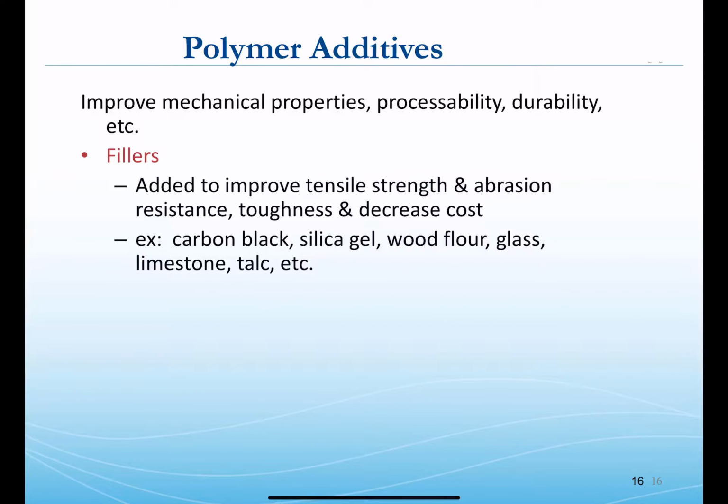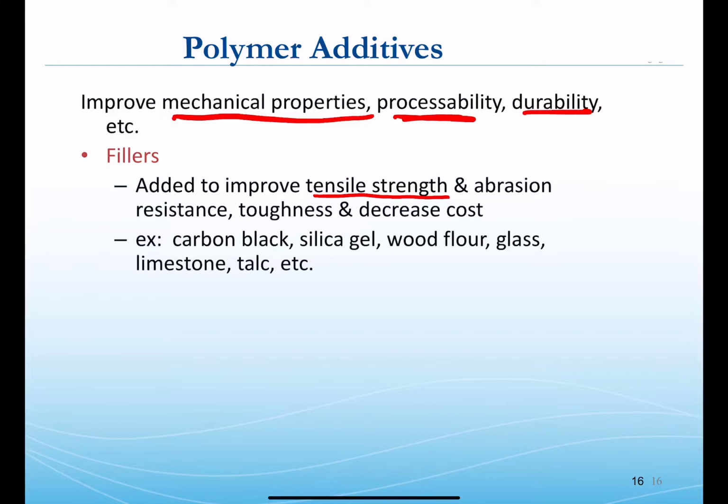Okay, what other additives can be used with polymers? So we might add materials to improve mechanical properties, processing, or durability. For example, fillers can be added. So these might improve the tensile strength, so that is the highest stress point on our stress strain curve.